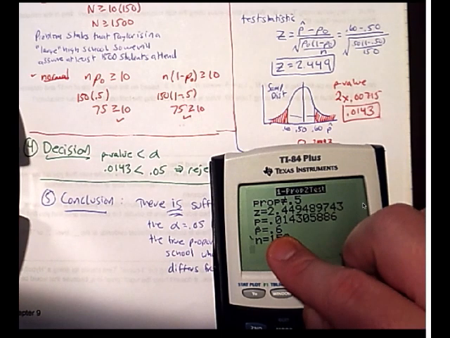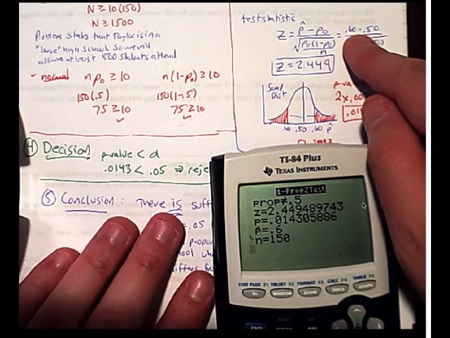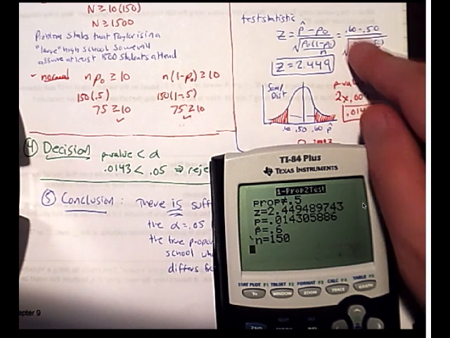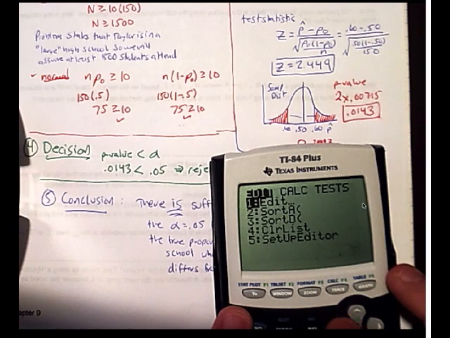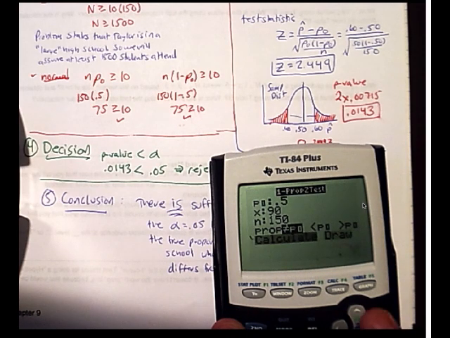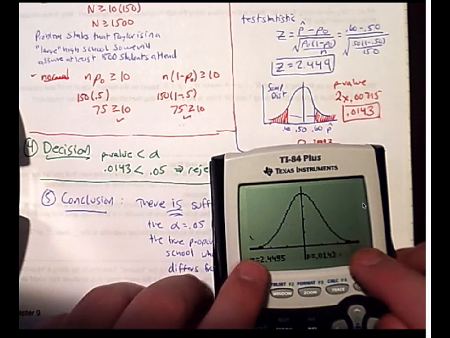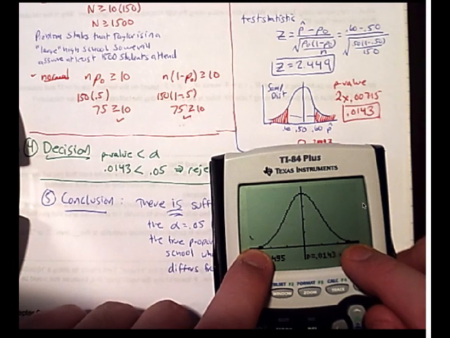A p-hat of 0.6, we got the same thing, 0.6, when we did 90 divided by 150. And so it's a way to check it. Or if you did this with a graph, same data, but if you draw instead. It's hard to see the shading, but there's actually shading on both sides. Why is it hard to see?